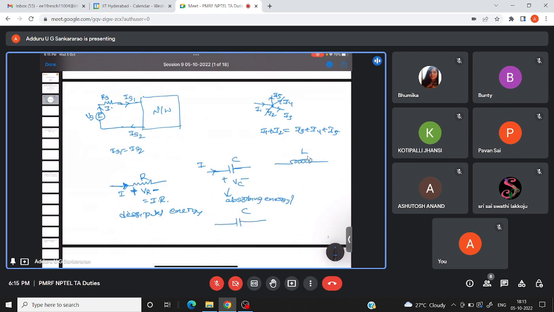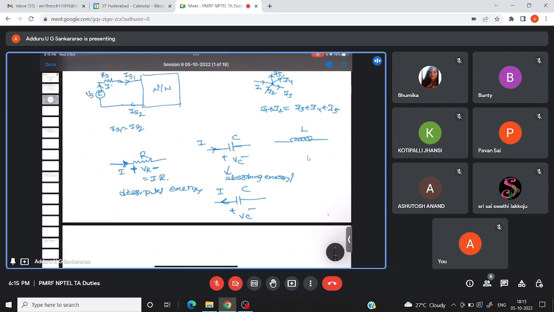Let us say current is leaving from the plus terminal; then it is acting like a source, which means it is delivering energy.